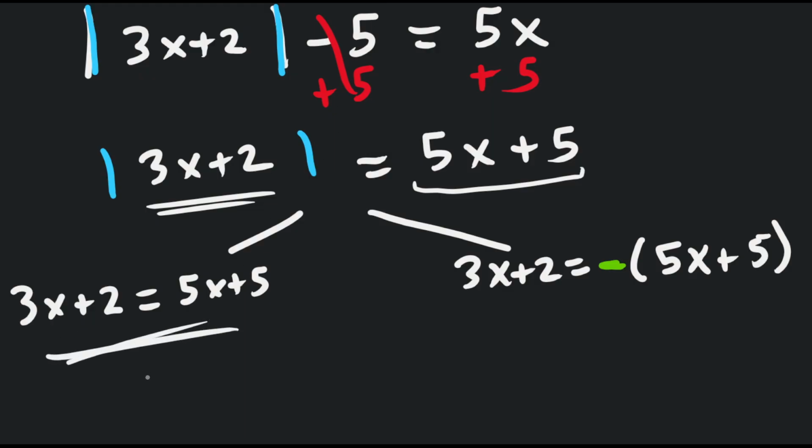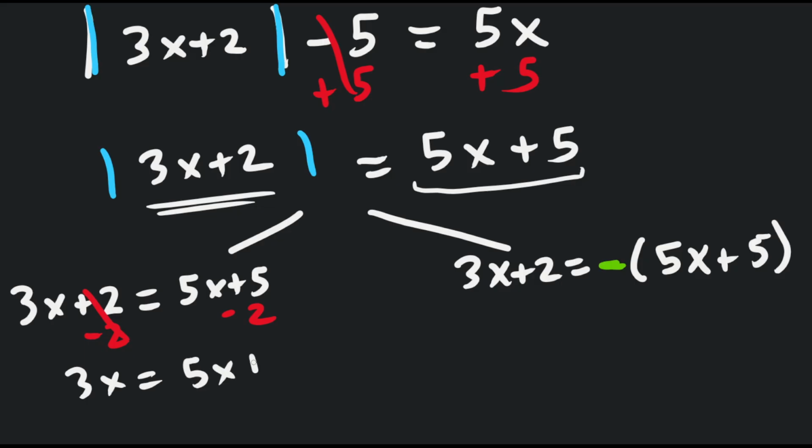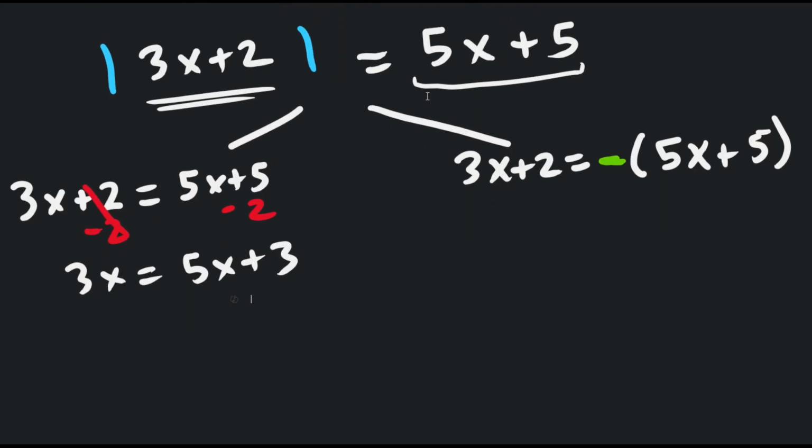So let's go ahead and solve each one. Let's start with this one on the left. Let's subtract both sides by 2. We have 3x equals 5x plus 5 minus 2, so 5x plus 3. And let's now subtract both sides by 5x.